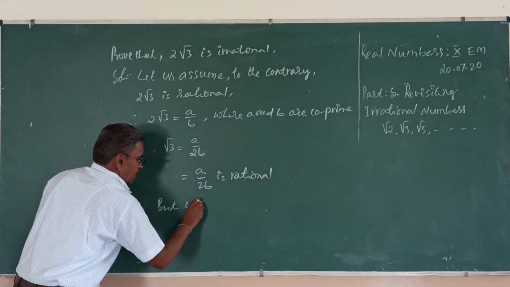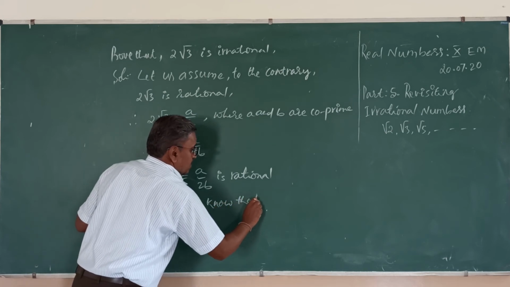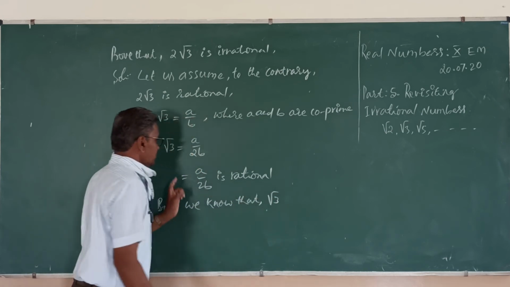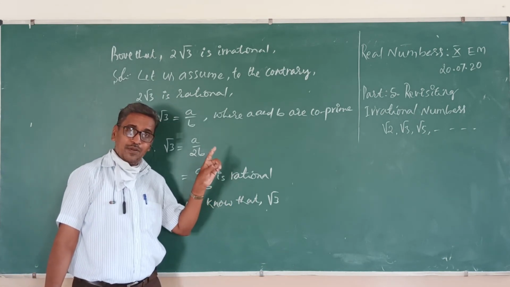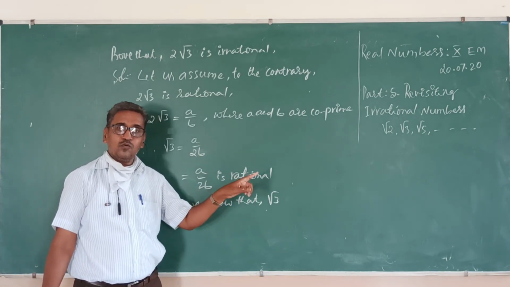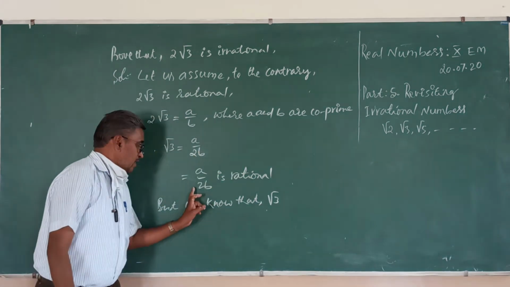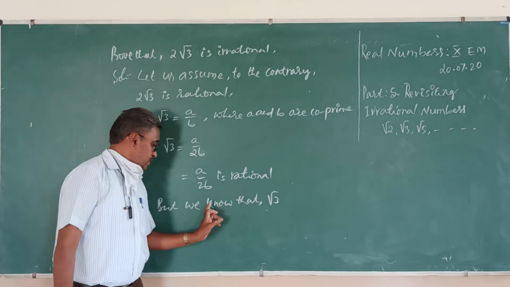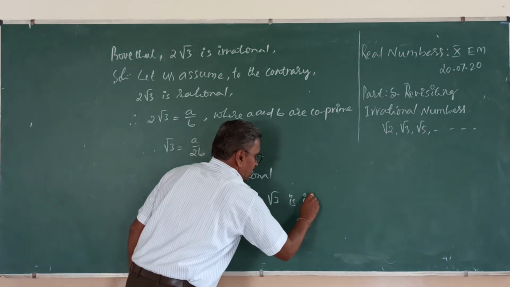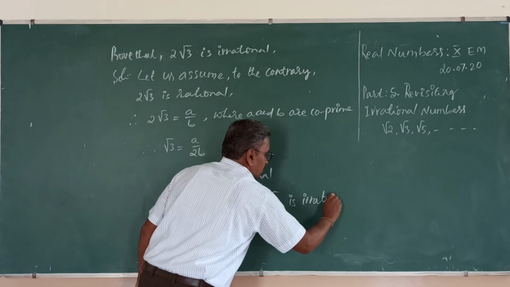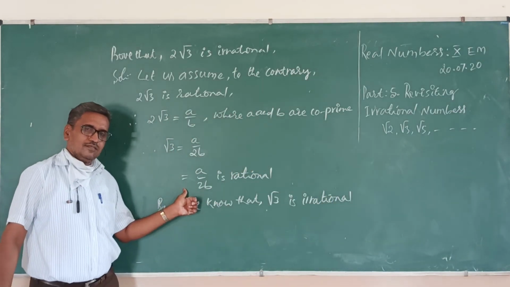But we know that root 2, root 3, root 5, root 7, root 11, root 13 and so on are all irrational. A by 2b is rational, but we know that root 3 is irrational. So is it possible that irrational is equal to rational? Not possible.